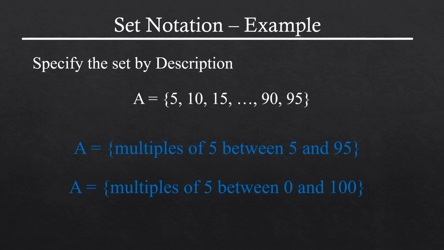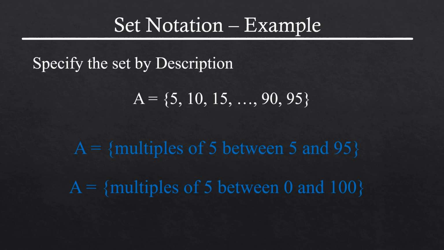So it's tempting to think that these are saying the same thing, but I want you to think about these two things, because in math we are very specific in what we're saying here. When you say you are between 5 and 95 and between 0 and 100, you're actually saying two totally separate things.